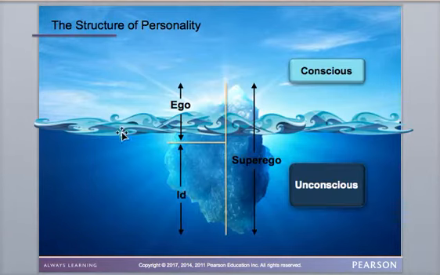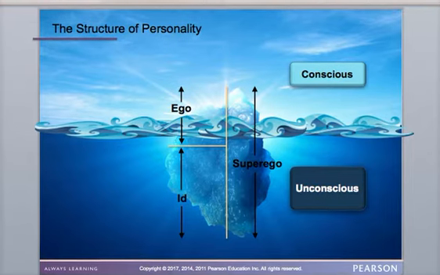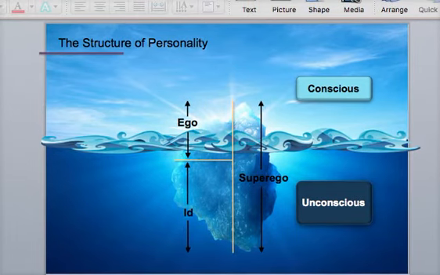Yeah, so we got Freud, and there's the id, ego, superego. If you've never heard that one, I guess the slide here is drawing a parallel between this and an iceberg.